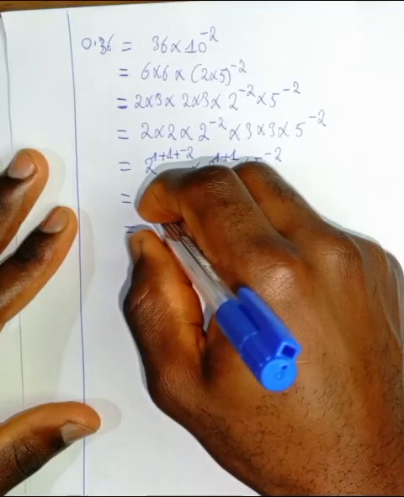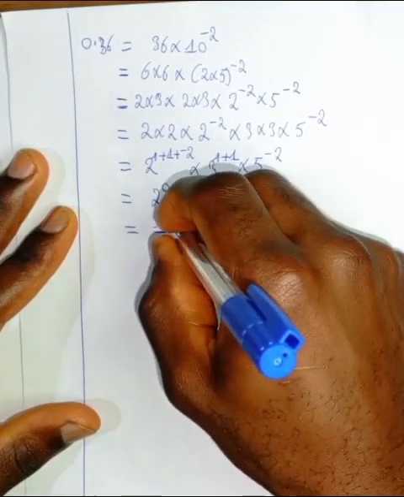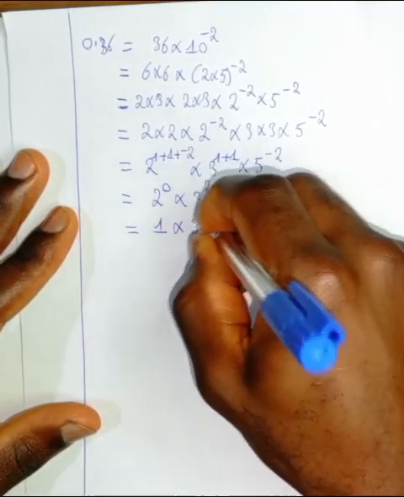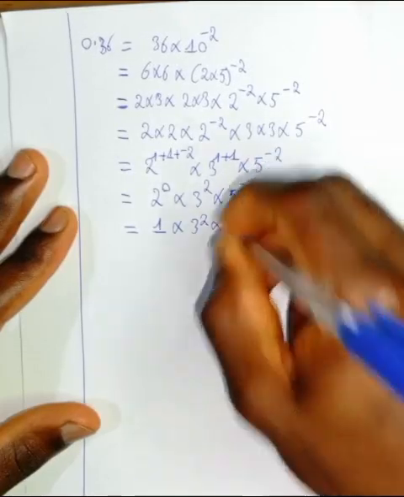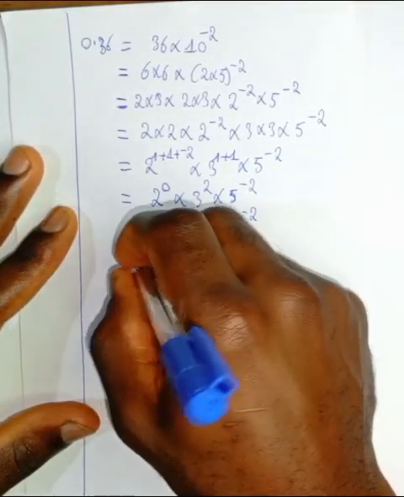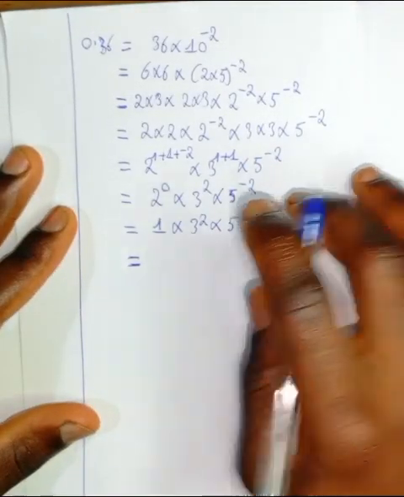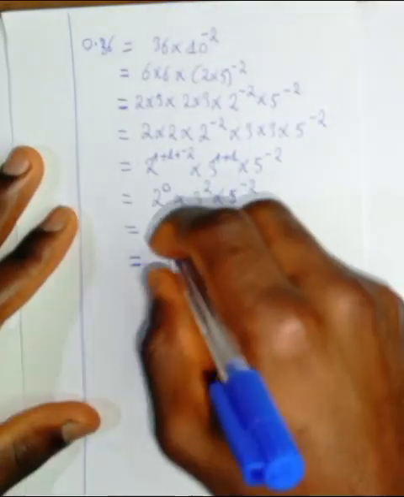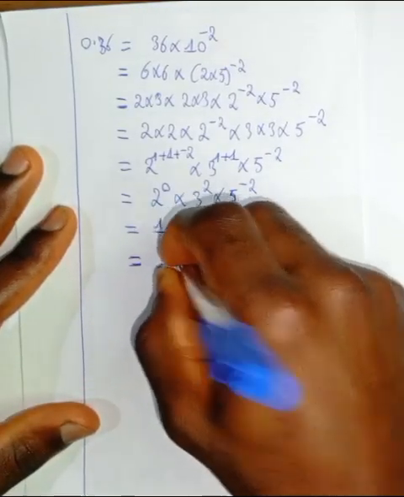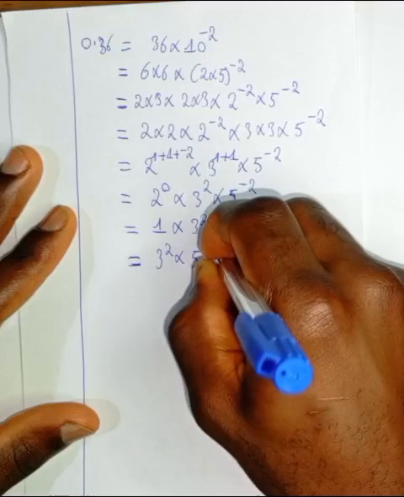This will simply be equal to, 2 raised to the power 0 is 1 times 3 raised to the power 2 times 5 raised to the power negative 2. We know if we take 1 times any number, it remains that number. But this will give us 3 raised to the power 2 times 5 raised to the power negative 2.